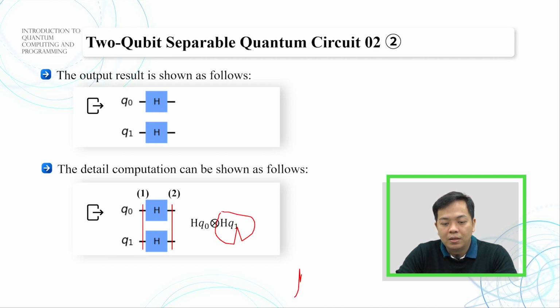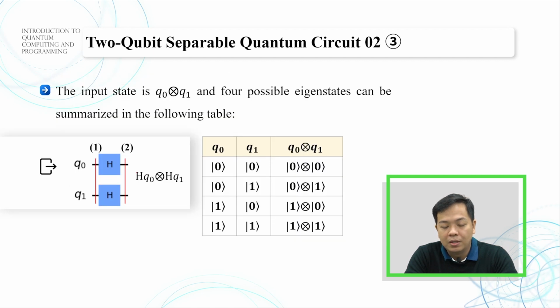This one is different from the first one because you have a Hadamard gate. Following the previous example, you calculate the tensor product of the two state vectors, H on Q1 with H on Q0.